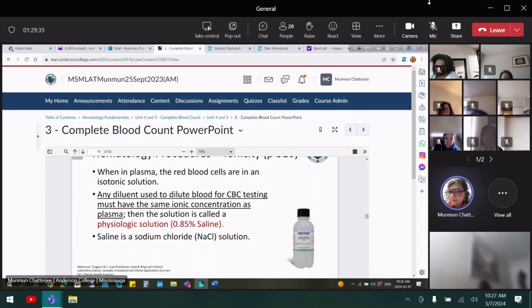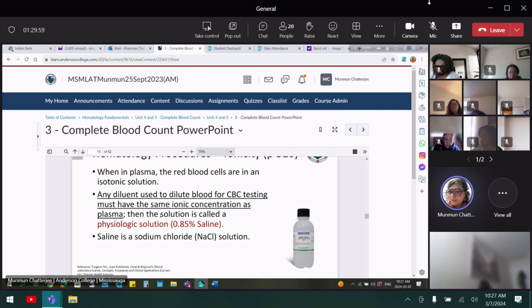So it's called the isotonic solution. When you are diluting any sample, you have to use the same isotonic solution on the outside. What is that? Our body plasma's main composition is saline, 0.85% saline. That is isotonic. You have to remember this one.